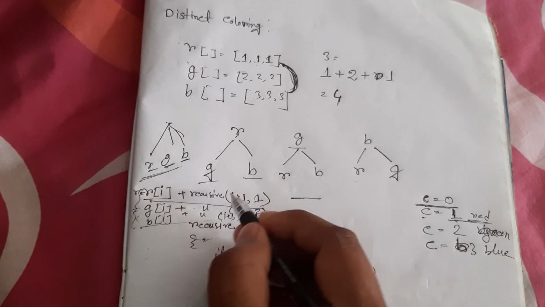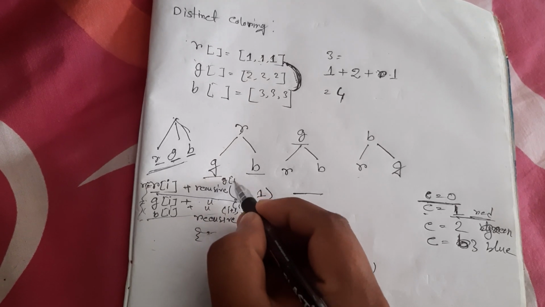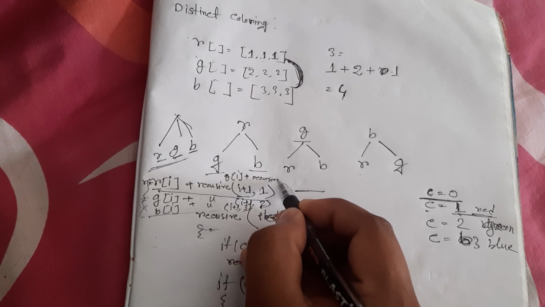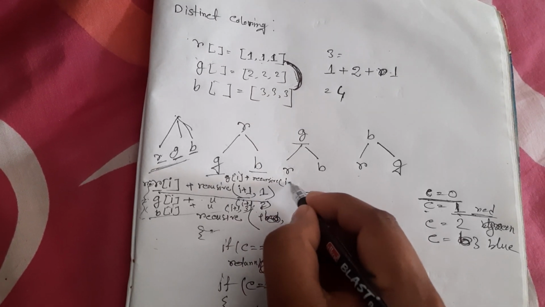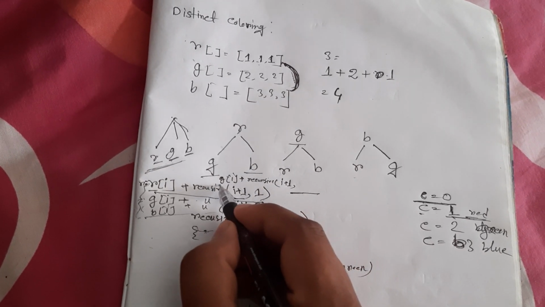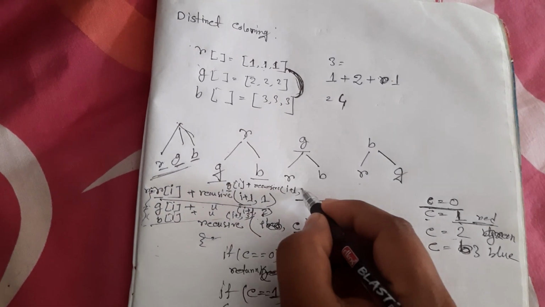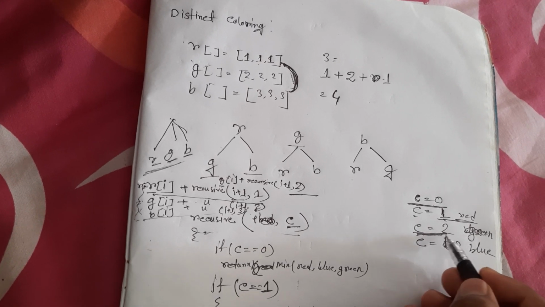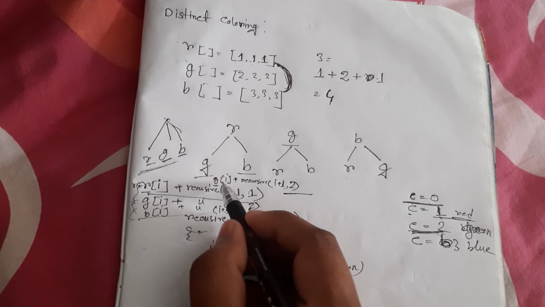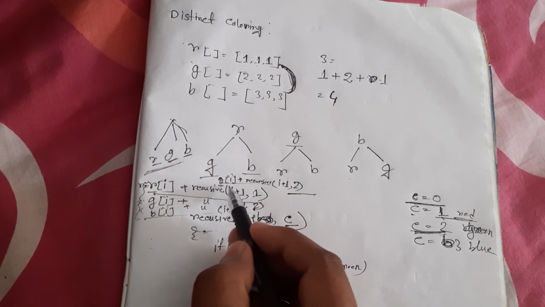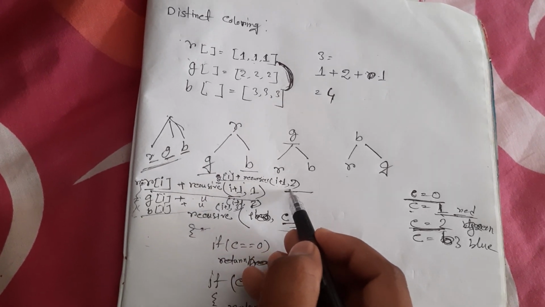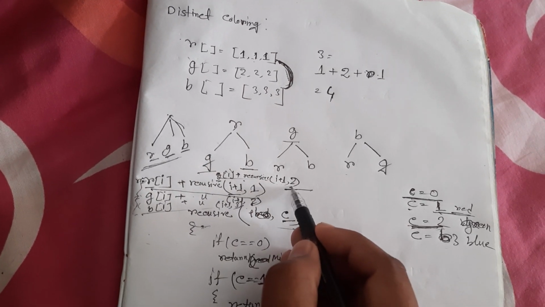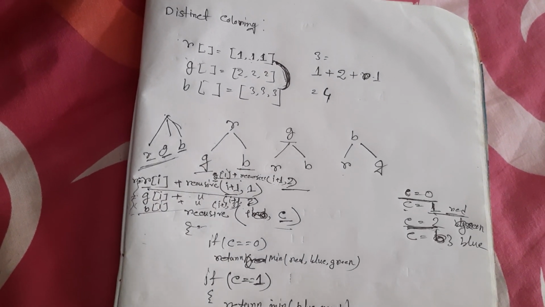The recursive call should be like G of I plus 1, as we are choosing green here, and we pass its corresponding value, which is 2. For B also we call recursive with I plus 1, as we choose blue, and we pass 3 here.